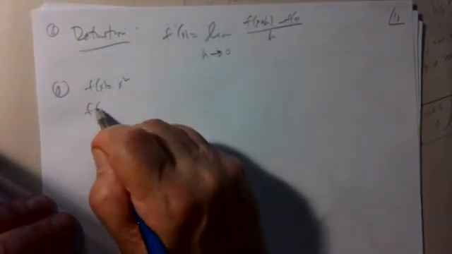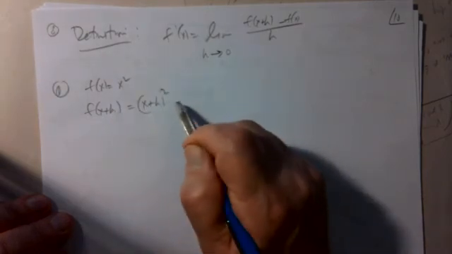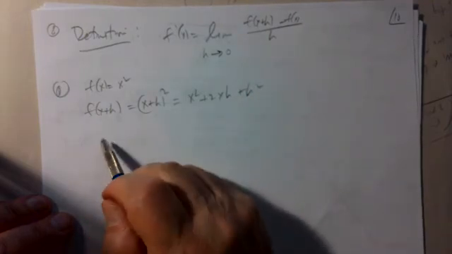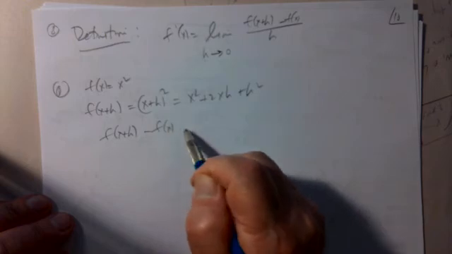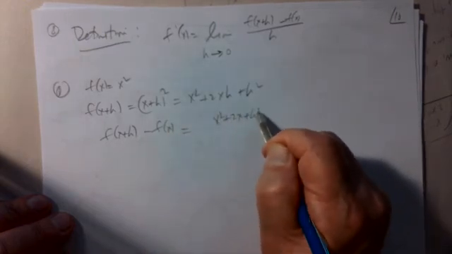So we apply this first to the function f of x equals x squared. So in that case, f of x plus h is (x plus h) squared, which is x squared plus 2xh plus h squared. So f of x plus h minus f of x is x squared plus 2xh plus h squared.